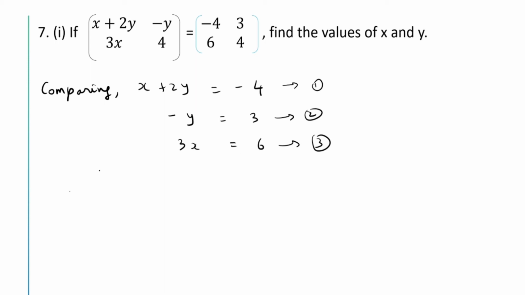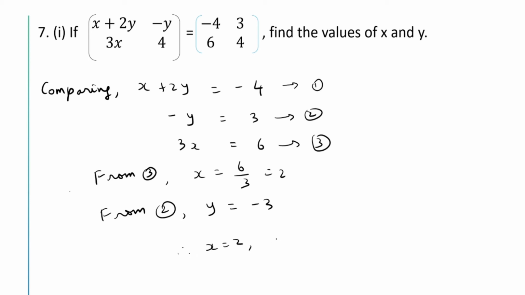So if we use equation 3, we have x is equal to 6 by 3, that is equal to 2, and from 2 we have minus y is equal to 3, so y is equal to minus 3. Therefore x is equal to 2 and y is equal to minus 3.